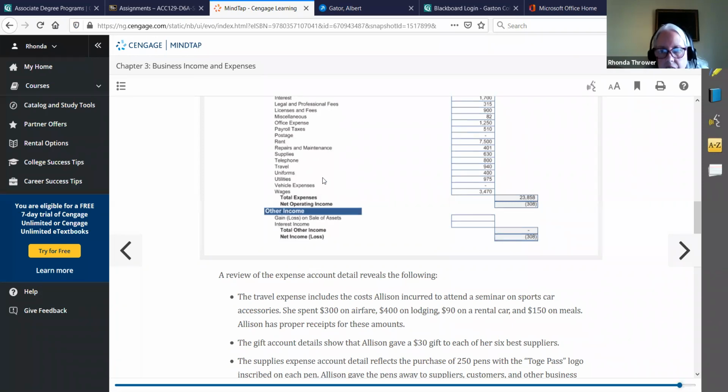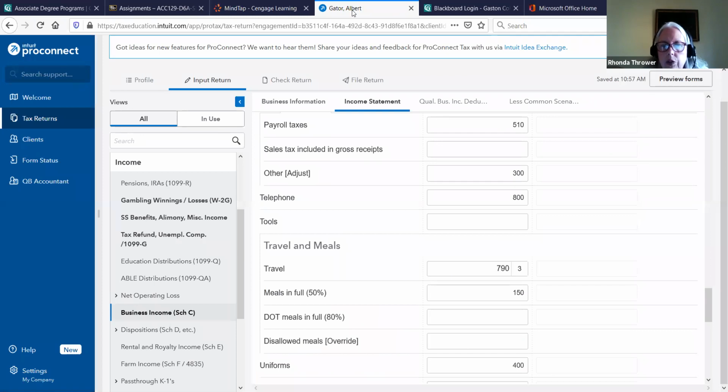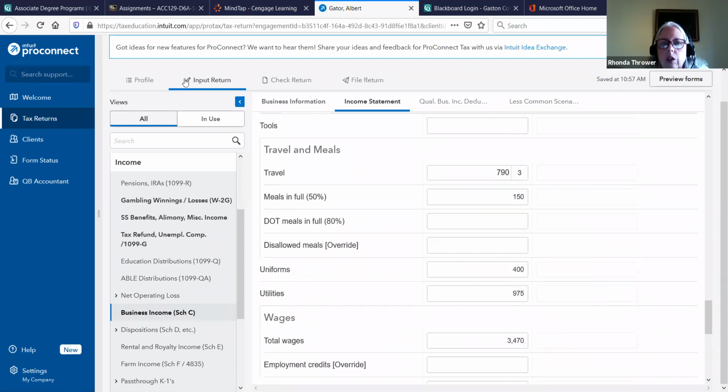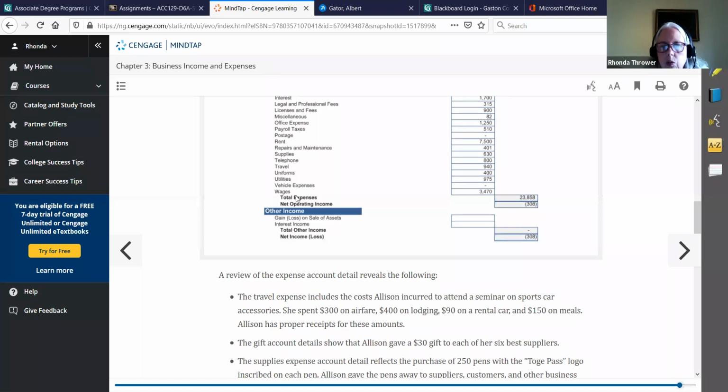The next item is uniforms, and your uniforms are $400. So let's see if we got a blank for uniforms. We do right here. So just enter in $400 there. And then we had wages.